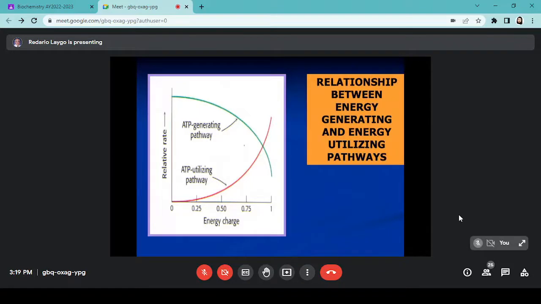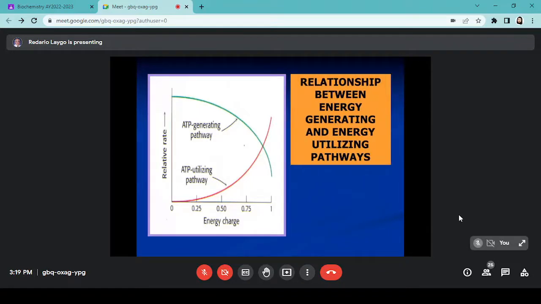Now, this shows us the relationship between your energy generating as well as your energy utilizing pathways. There are your catabolic pathways, which are energy generating. And as you can see, as these are utilized, this energy produced in the form of ATP is subsequently utilized by anabolic pathways.